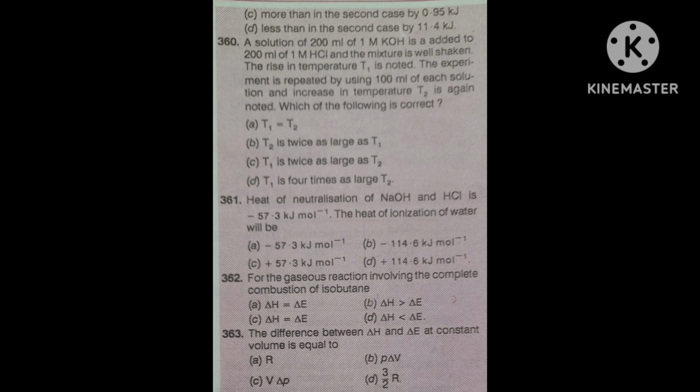H2O will form from H plus and OH minus ion. H plus plus OH minus gives H2O. For that, the heat of neutralization is given, equal to minus 57.3 kilojoule.